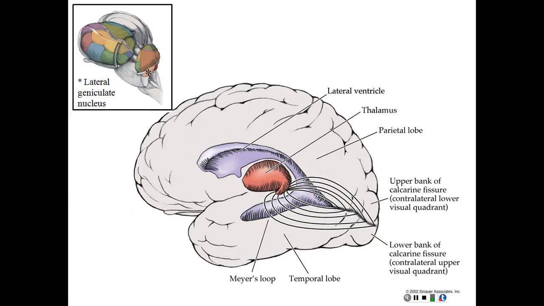And the primary visual cortex is found in the occipital lobe. Now there's a big fissure that actually separates the primary visual cortex, and that's actually called the calcarine fissure. And we're going to see how we actually have two parts of the primary visual cortex based on which side of this calcarine fissure they're actually found on.